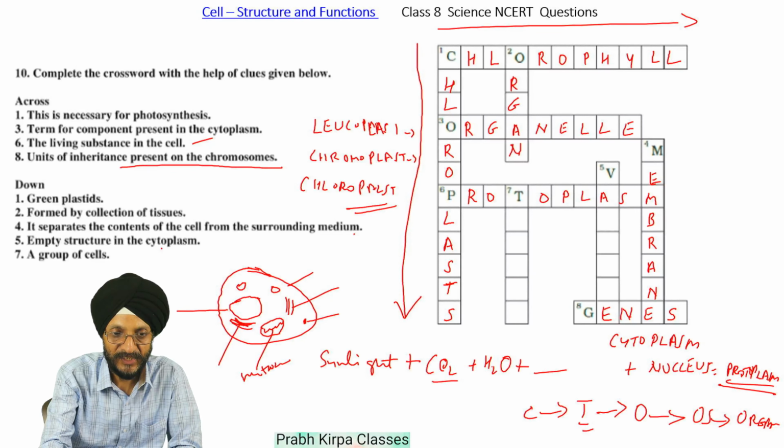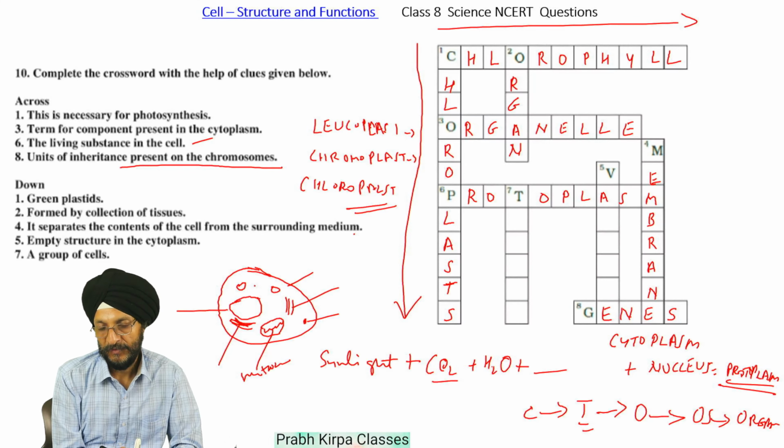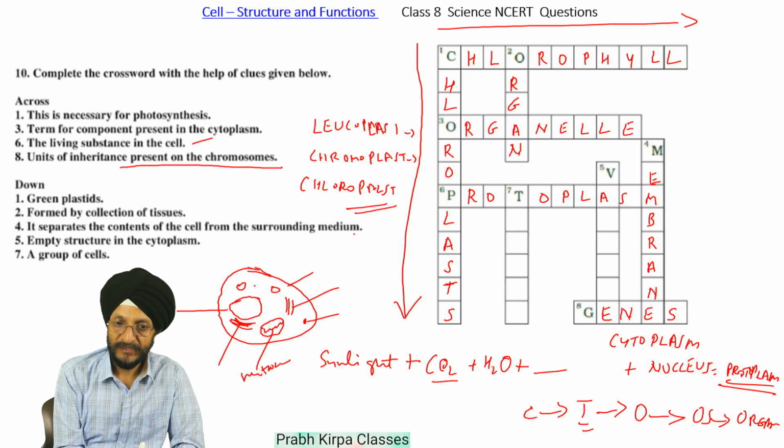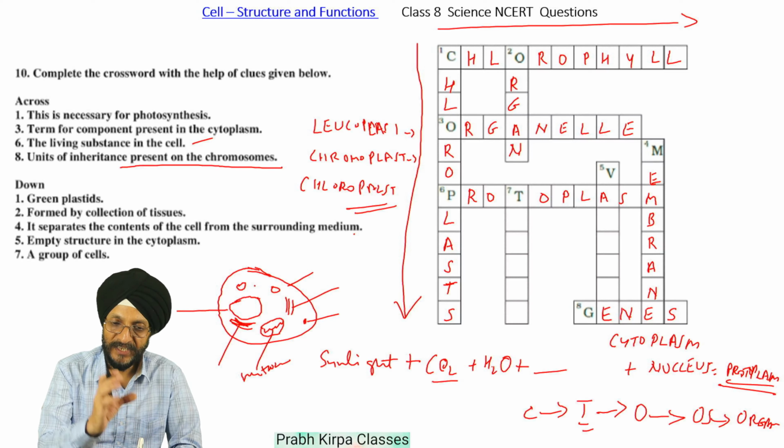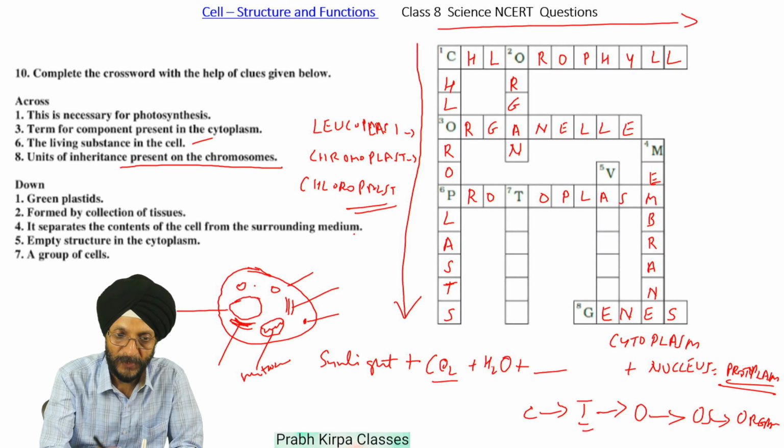Empty structure in the cytoplasm. As you know that in the case of animals, there may be no or small many vacuoles in the animal cell. Whereas in the case of plants, mostly a large vacuole is present in the case of plant cells.